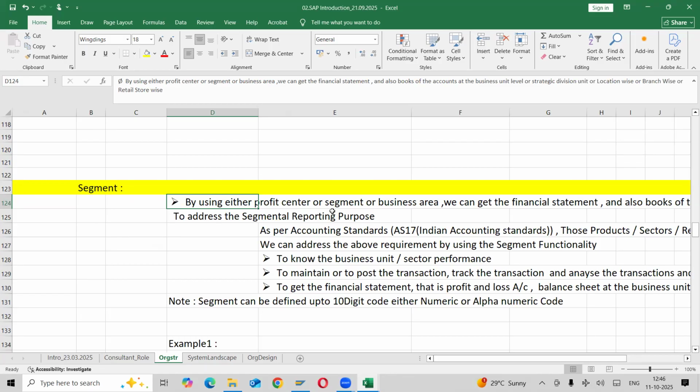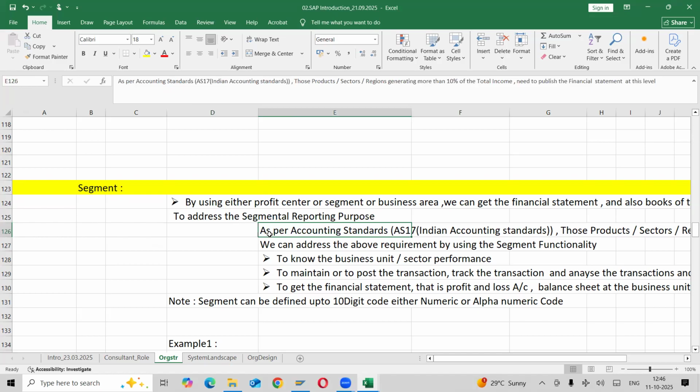So by using either profit center or segment or business area, we can get the financial statement and also books of accounts at the business unit level, nothing but your area, strategic division level, location wise, branch wise, retail store wise, or product wise. I've mentioned this to address the segment reporting purpose.